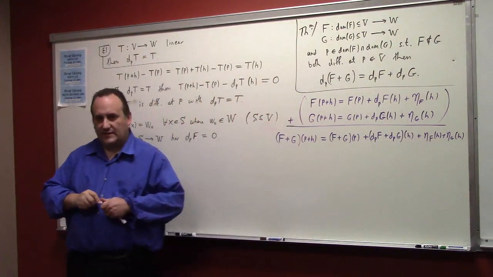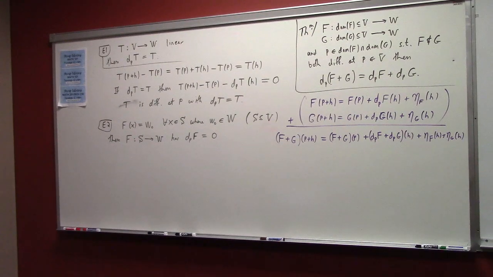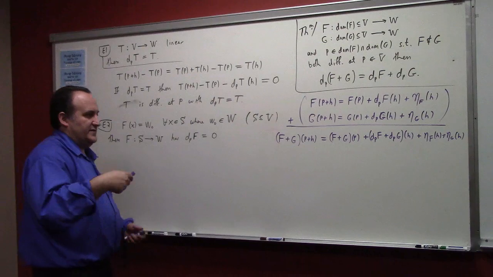Now, by the theorem I stated last class, that's almost everything I need for differentiability of the sum. The full statement of this theorem is that the sum of two differentiable functions is once more differentiable, and not just that, the differential is the sum of the differentials. The differential of the sum is the sum of the differentials.